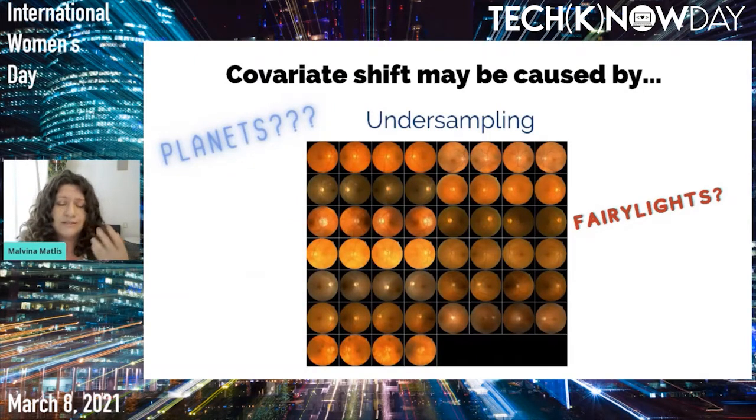The second one that's very common is undersampling. So try to guess what those are. Embryos, planets, fairy lights. Those are actually retinal scans from mobile devices. This study focuses on trying to estimate the levels of type 2 diabetes in patients just by using mobile scans.